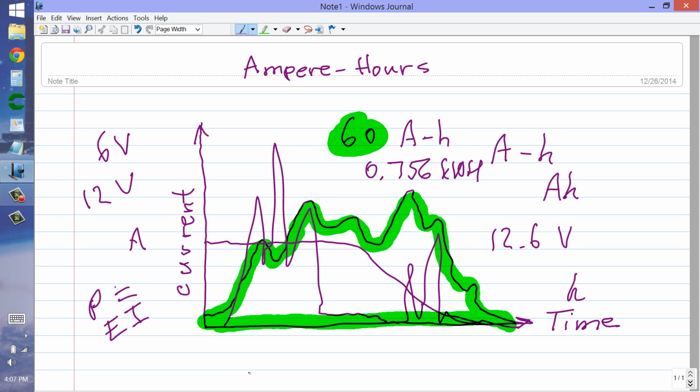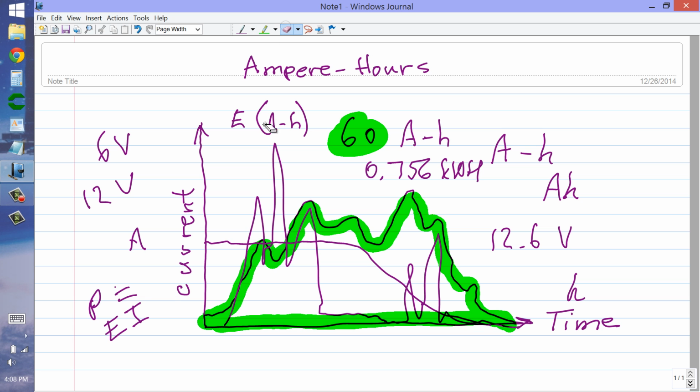So if you want to express watt hours, then you have to multiply ampere hours by the battery voltage. Well, that's not exactly the case.